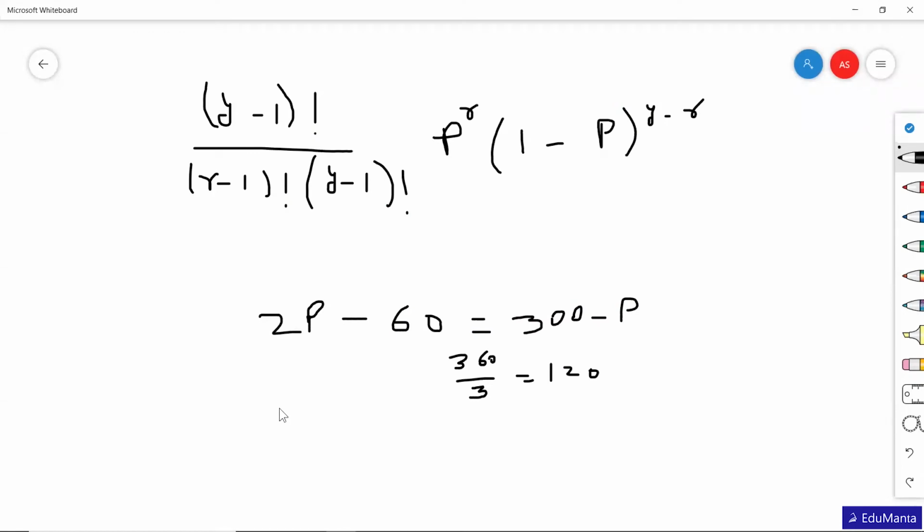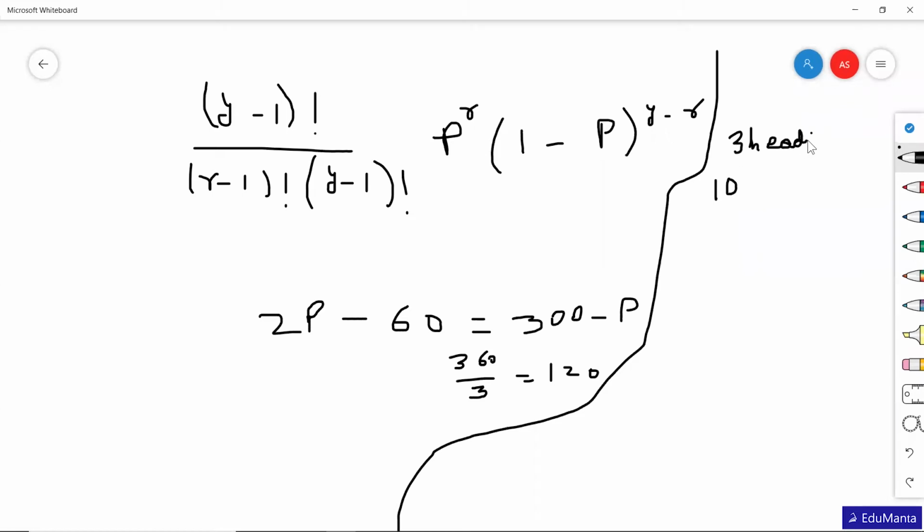Okay, so actually this is the formula for the same thing we are doing right now. So let's not erase it, because we are going to use it very soon, in a couple of minutes, and try to understand it over here. So what I'm saying is that if we want three heads in 10 trials, right?